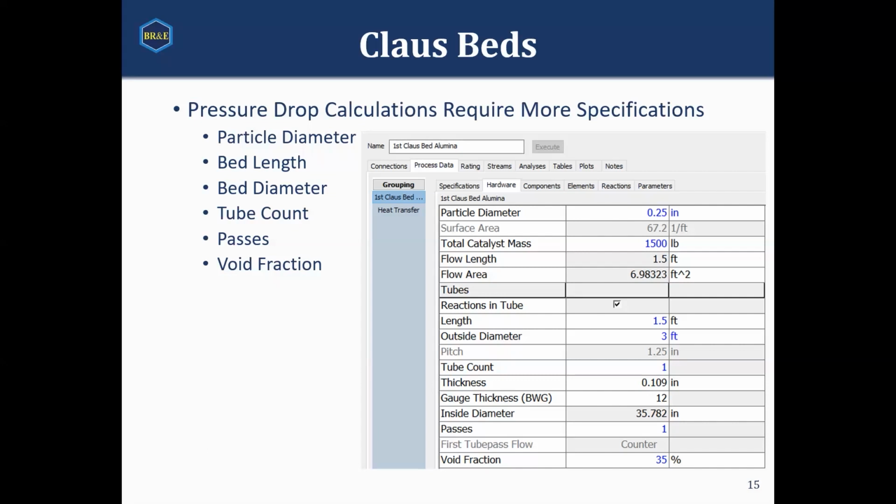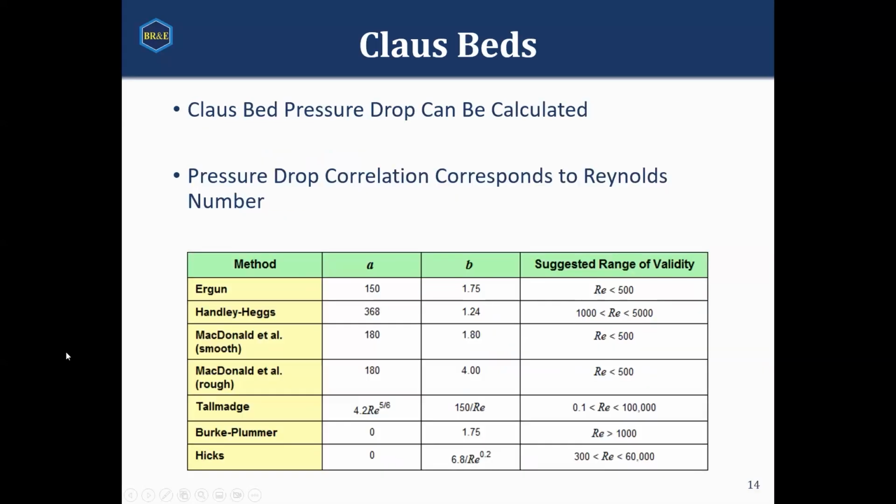They are all going to be the same for each correlation that we use. The only difference is that these A, B constants will change depending on which correlation you're using. Then the Reynolds number can also change just depending on what the size of your reactor is, flows, viscosities, all that sort of information.